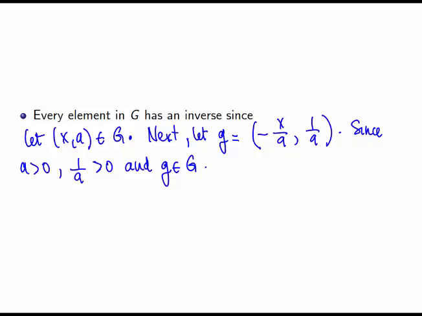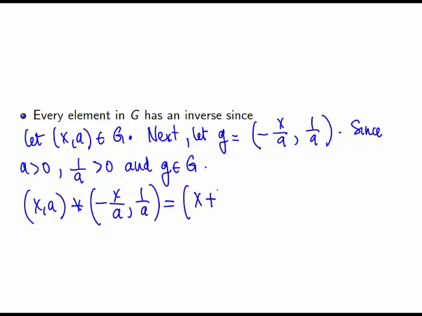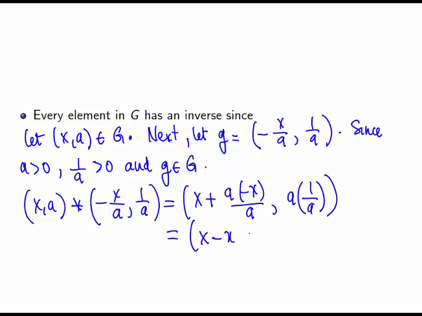So now, if you take (x, a) and combine it with (-x/a, 1/a), what we get is (x + a·(-x/a), a·(1/a)). And this will be (x - x, a/a). So this gives us the identity element, (0, 1).